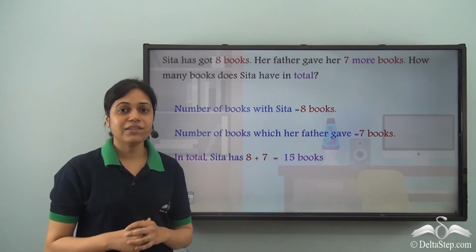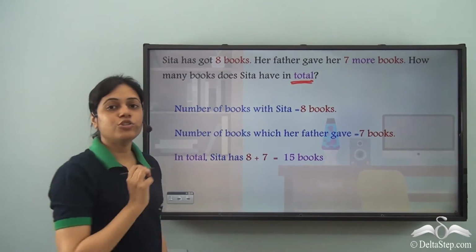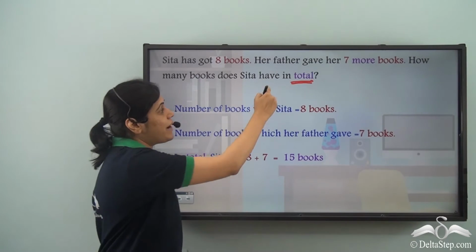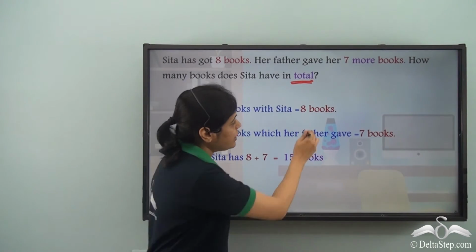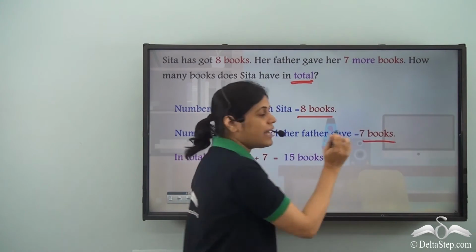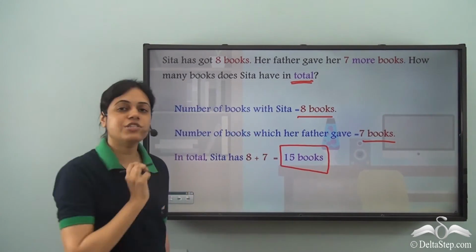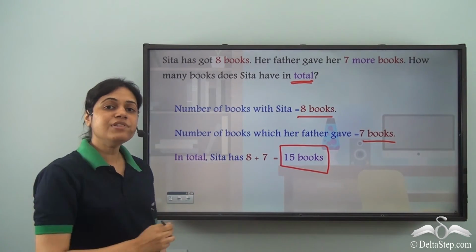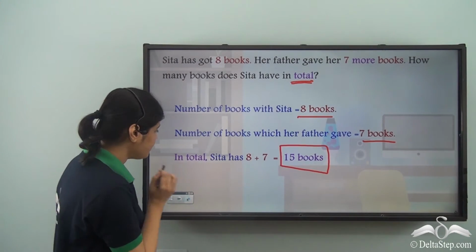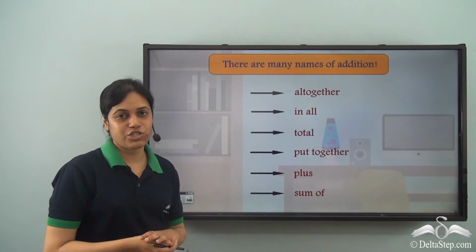So we see that in this question, there was this word total, and by looking at this word, we came to know that we need to add 8 books and 7 books together to get the answer, which is 15 books. Now there are several such words which we can see. So there are many names for addition.